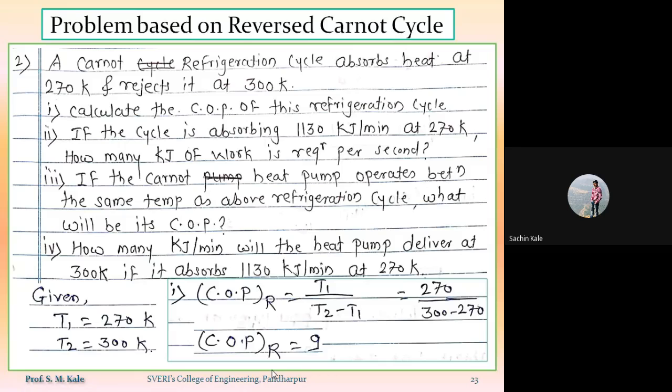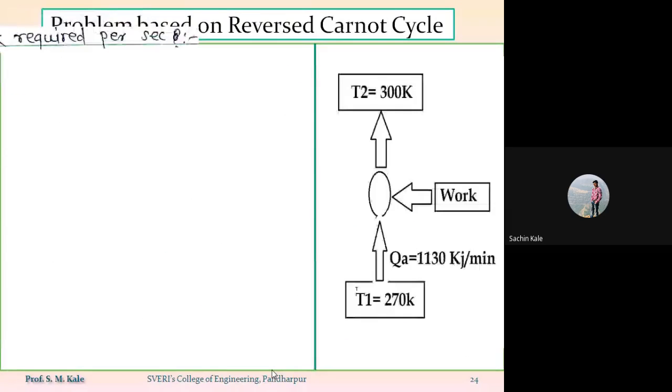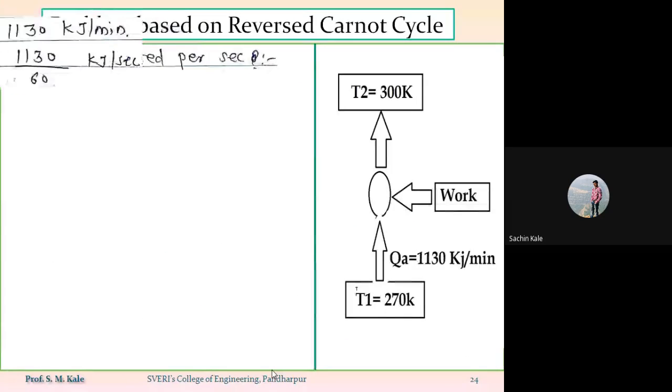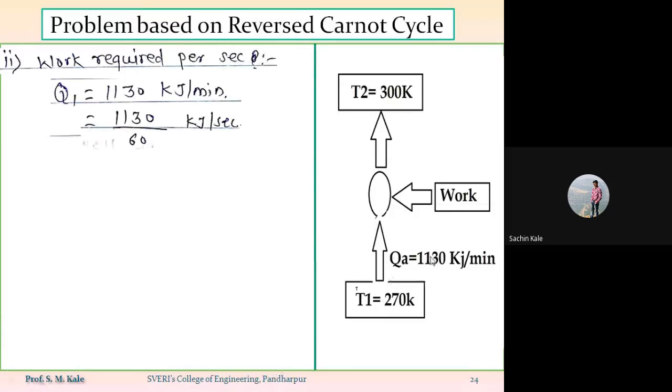Here QA is nothing but Q1, that is 1130 kilojoule per minute. As they have asked us to find the work supplied in kilojoule per second, first we will convert QA from kilojoule per minute into kilojoule per second. For that, we divide this value by 60. So here I will get the value of QA.